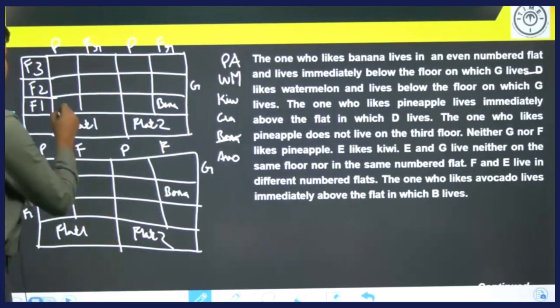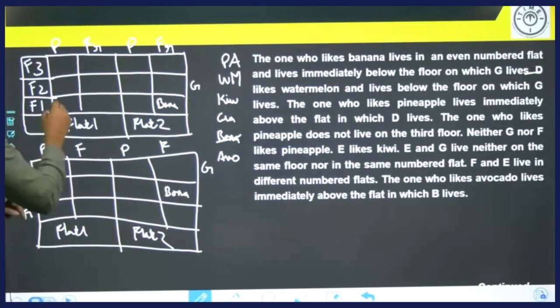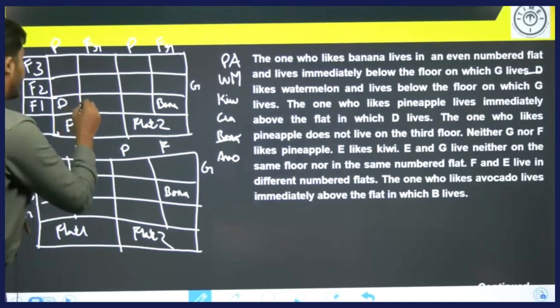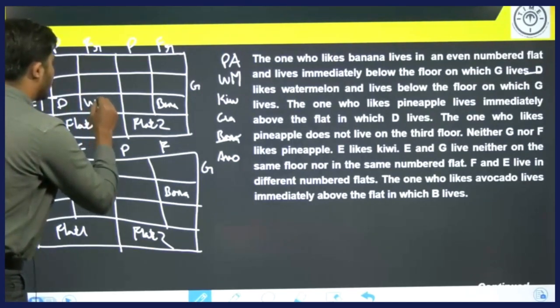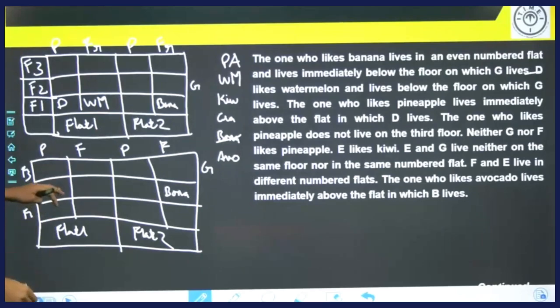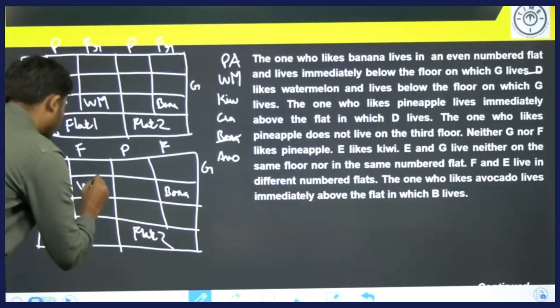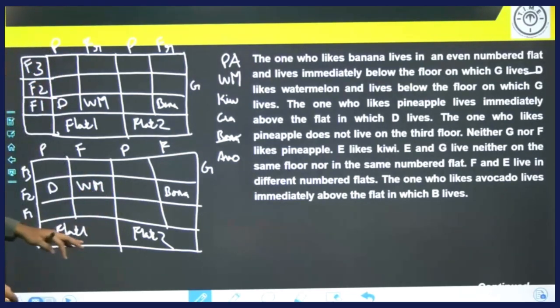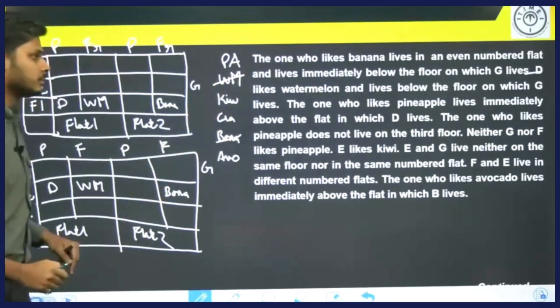In case 1, D lives on floor 1, in flat 1 and likes watermelon. And in case 2, D lives on floor 2 and likes watermelon. So you got watermelon as well.